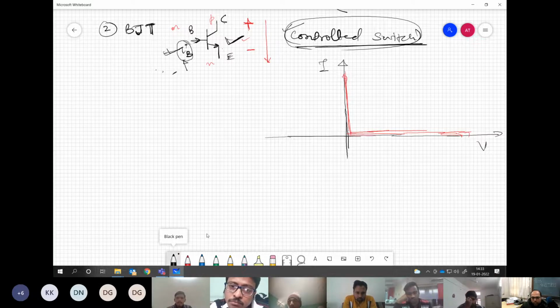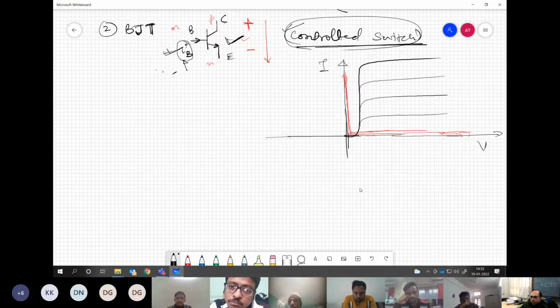But practically what we see from the data sheet is that the characteristic will look like this. You understand this point? So the BJT is operating in the first quadrant, and then this black line I have drawn is basically the practical characteristic we have for the BJT.